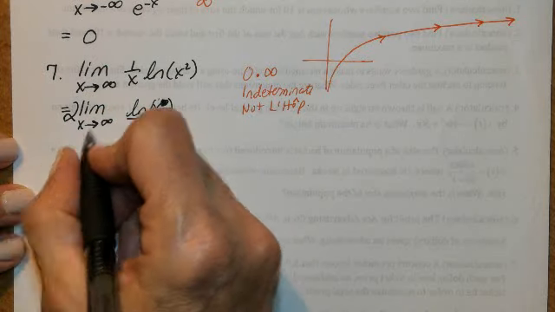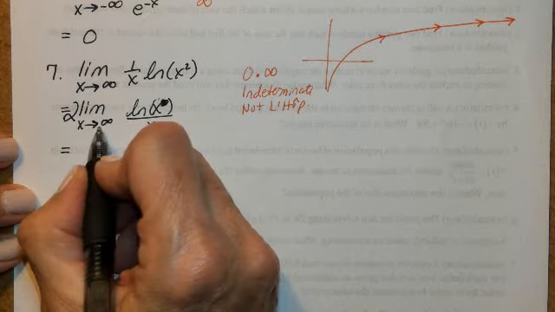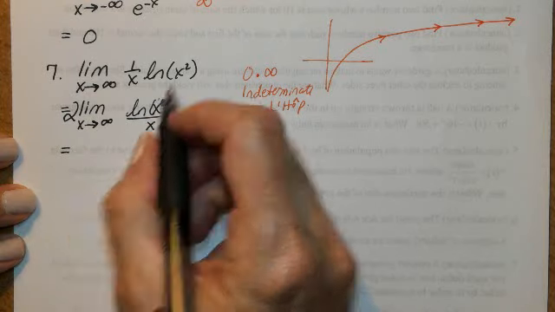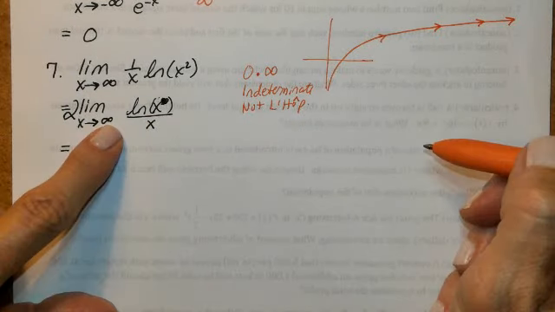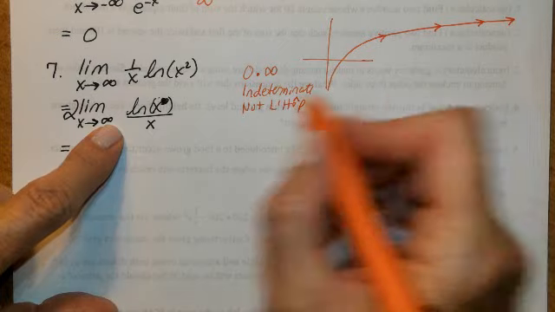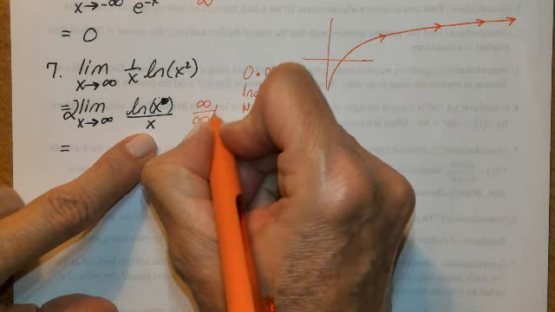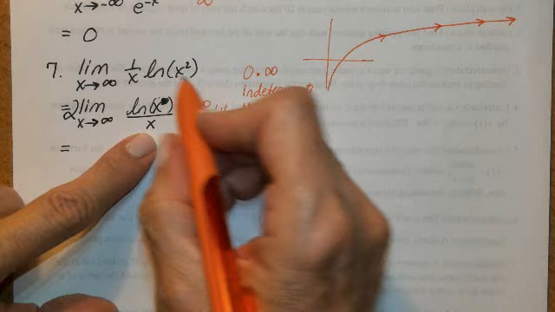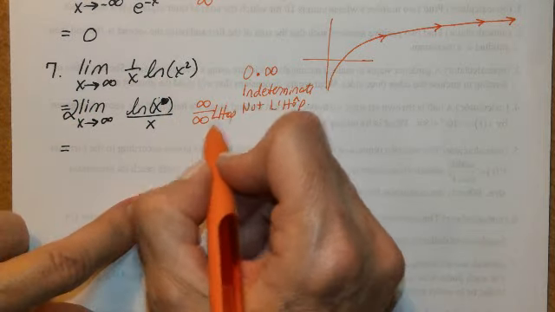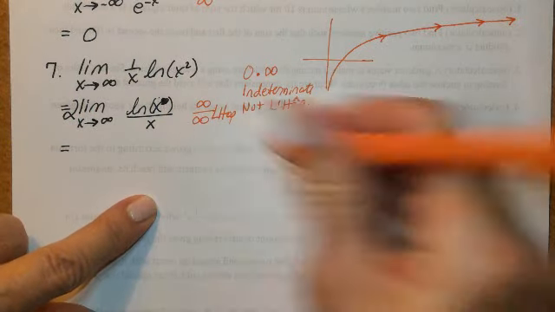So this is going to be just 2 times the limit as x goes to infinity of ln x over x. Let's plug in a huge unbounded number. The numerator is infinity, the denominator is infinity, and now we have L'Hopital's. So by making this into a fraction, we were able to use L'Hopital's.